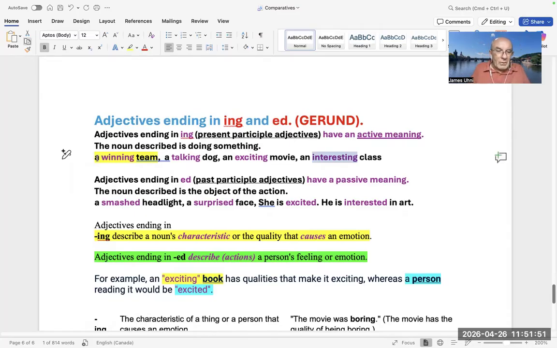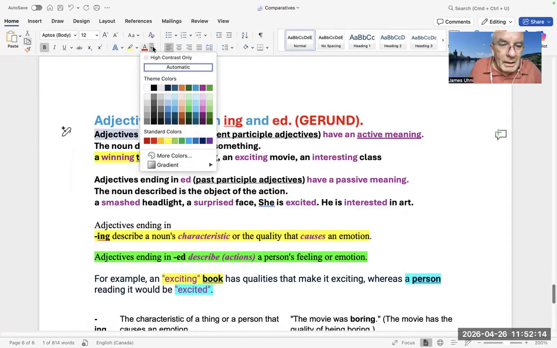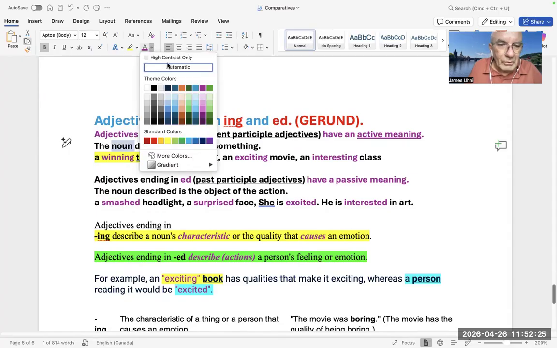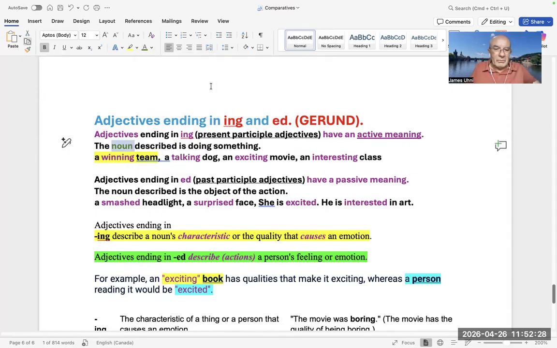And here we have a winning team. So we have team is a noun and winning is adjective. So let's go. I will put this adjective in purple and noun I will put in green. Okay. The noun is in green. So here we are going to do something different.